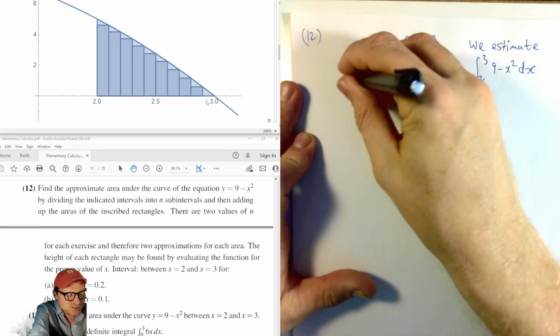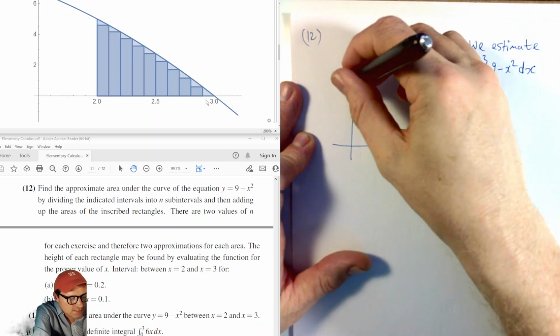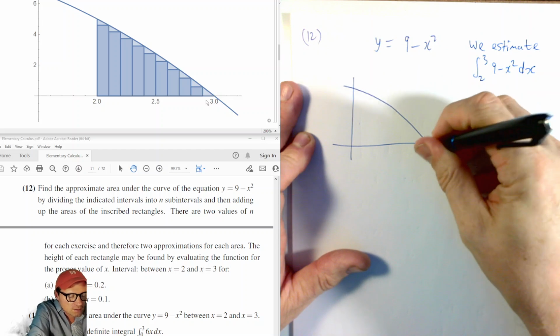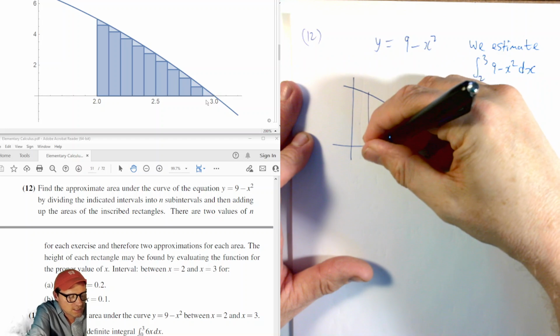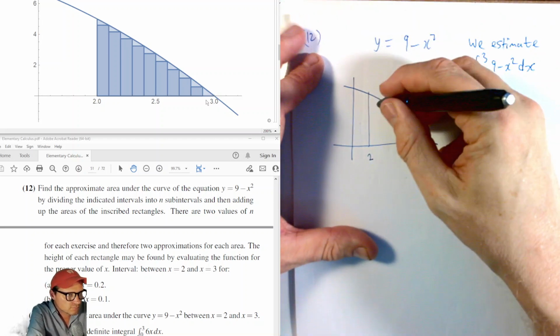Okay, so let's draw a picture. So it's something like this, right? Here we've got x is 3, and then in here, starting at x is 2.